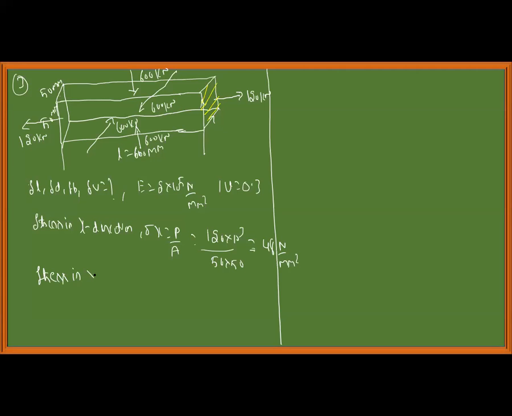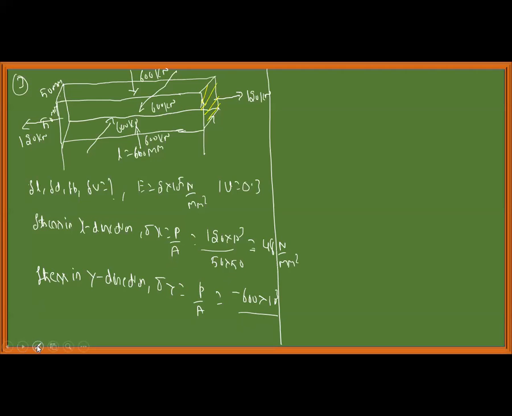Stress in Y direction, sigma Y, since the load is compressive, is minus P by A, which is equal to minus 600 into 10 power 3 by area of cross section.